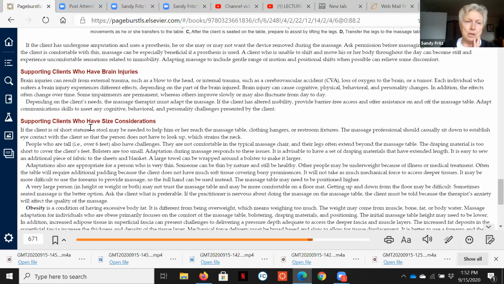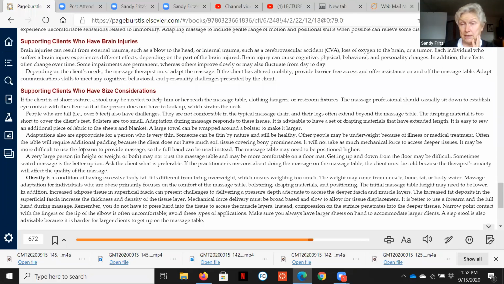So this category here has to do with size considerations. And this is another area that can be difficult to communicate about. We have people that are short stature. We have people that are very tall.